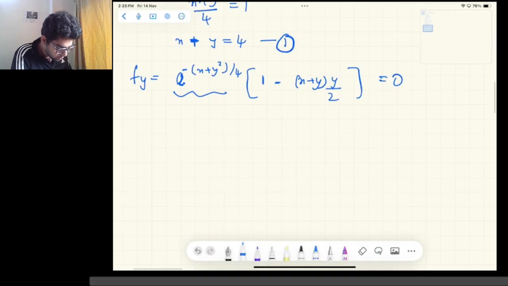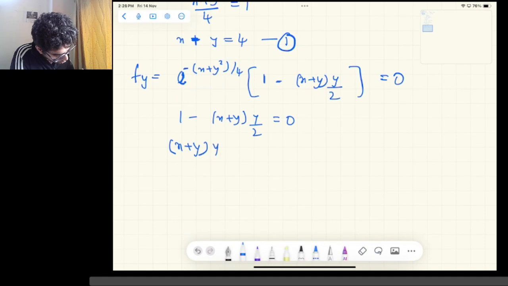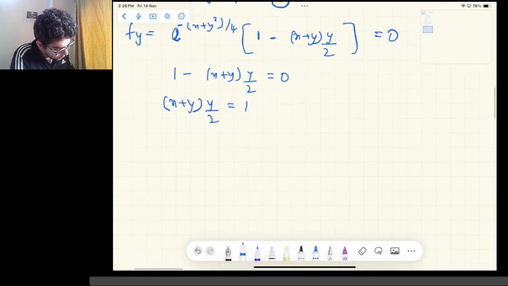I mean it can be 0, but then x and y would have to move to infinity, and we are not taking that into account, right? So now 1 minus (x plus y) into y by 2 becomes 0, right? So (x plus y) into y by 2 becomes equal to 1, right? So finally what we get is xy plus y square is equal to 2. Xy plus y square equals 2, right?